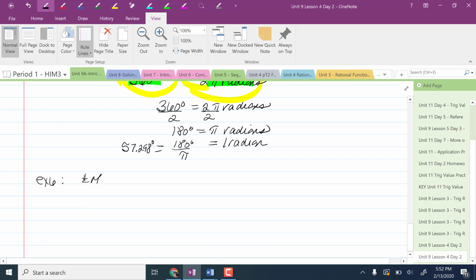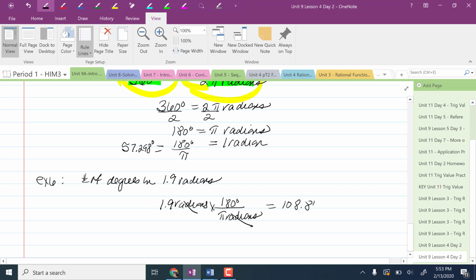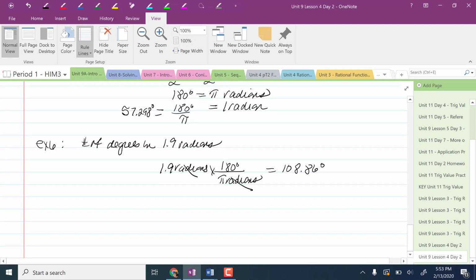All right, so we'll do a couple of examples of converting here. We need the number of degrees in 1.9 radians. So we start with 1.9 radians. We use the conversion that pi radians is the same as 180 degrees. We see the radians divide out. We get our calculator to work the math to get our approximation, and that's a little over 108 degrees.